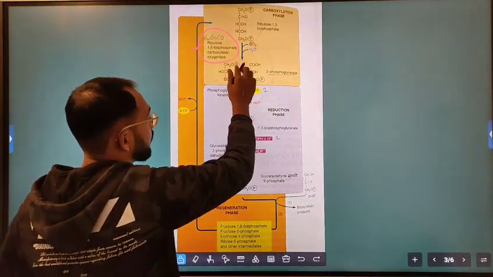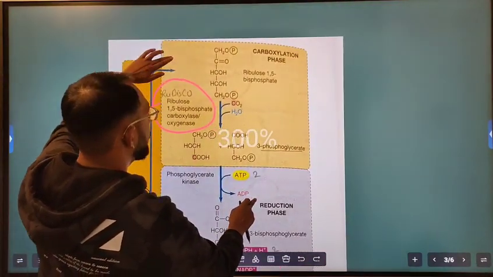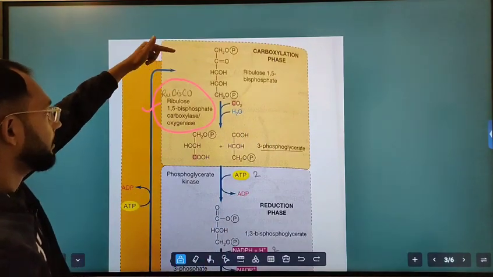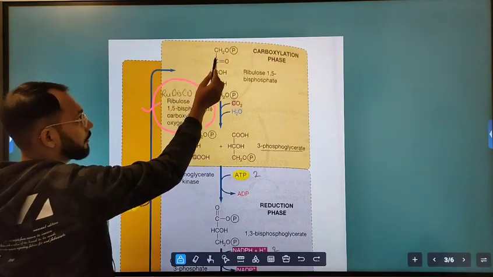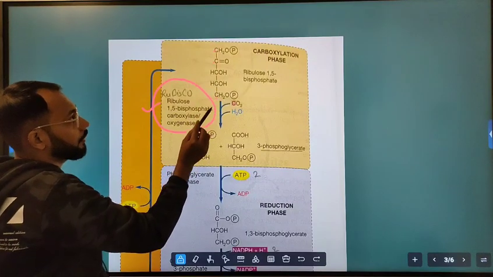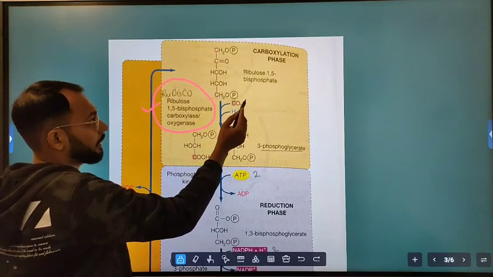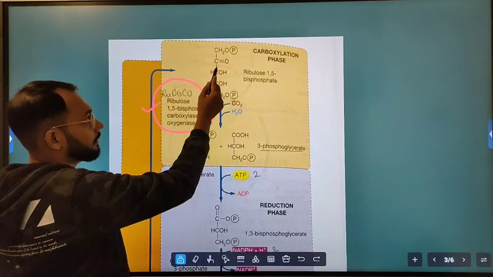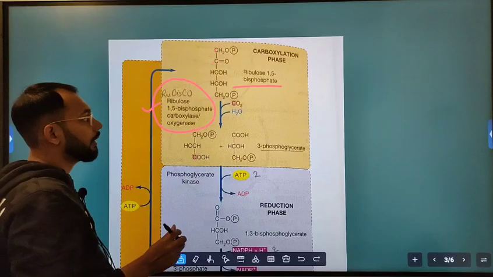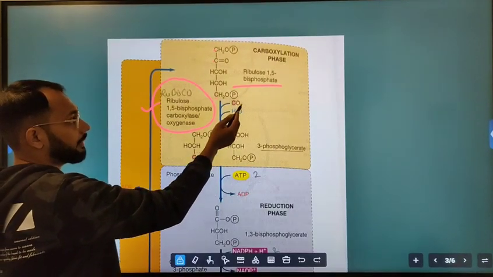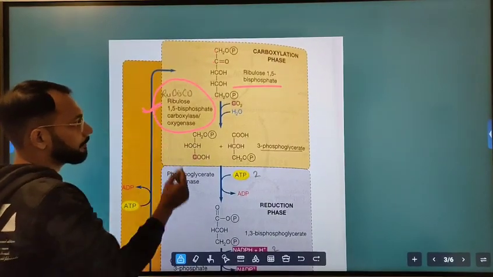So this is the substrate molecule, RuBP, ribulose 1,5-bisphosphate. This is a 5 carbon compound, C1, 2, 3, 4 and 5. At the carbon first and fifth there is a phosphate group, so it is termed as ribulose 1,5-bisphosphate. So this is the substrate molecule, and carbon dioxide is added in this molecule, which is catalyzed by this Rubisco enzyme.